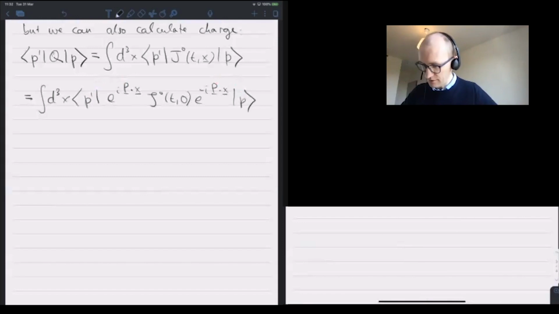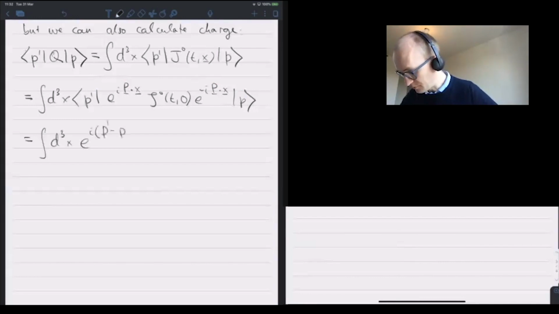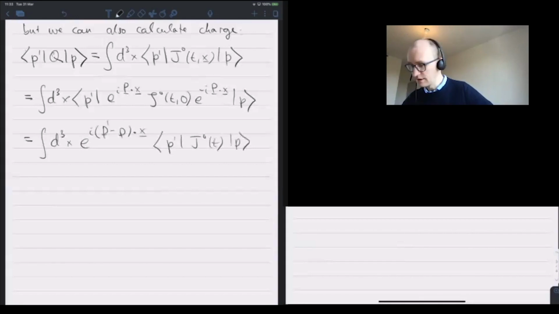Okay, so we can write this very simply as d3x e to the I p primed minus p dot x into the matrix element p primed j0 of t. I'm not going to write the x is equal to 0, p. But we can do the x integral because nothing depends on x here, and this is just the definition of the delta function.